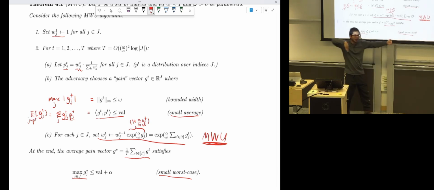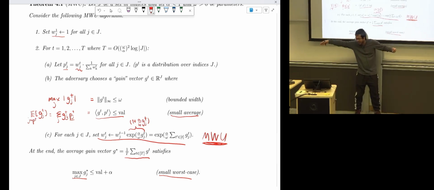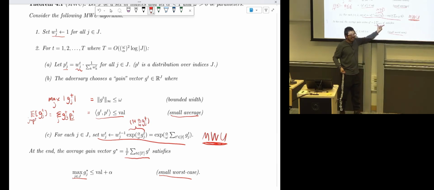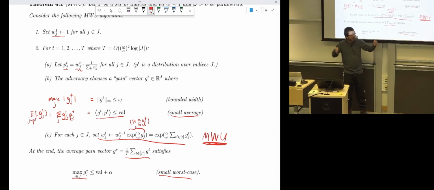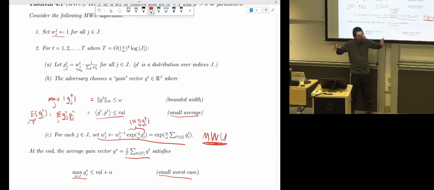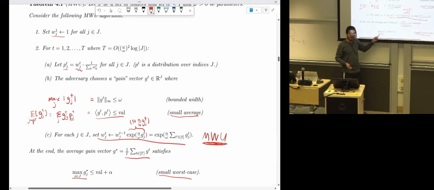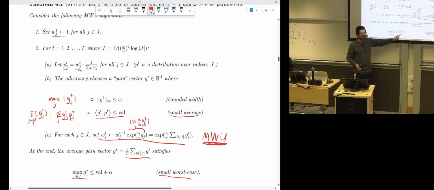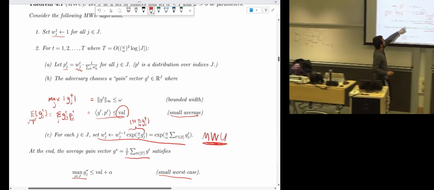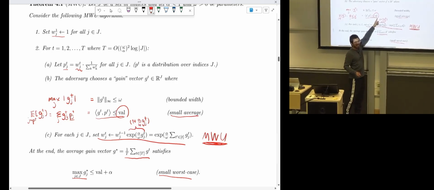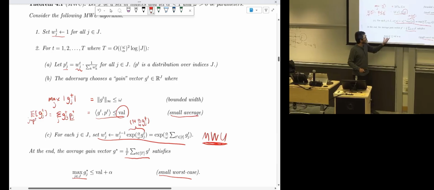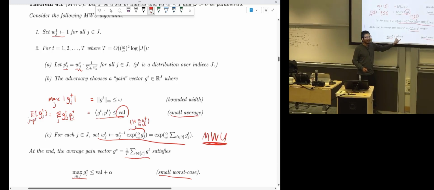So I look back from day T to day 1, and look at the gain that each stock gains, for every stock, how much does it gain? This is just the average gain for each stock. And then I said that even the best stock will not gain much more than what you get. Because what you get is at most val per day. And even the best stock will not gain much more than what you get per day.